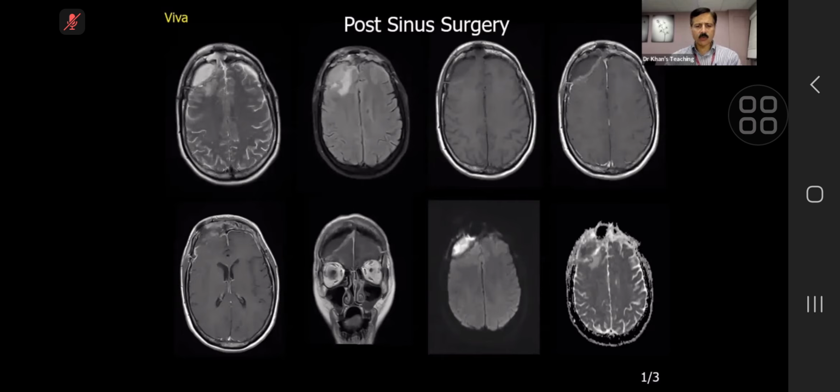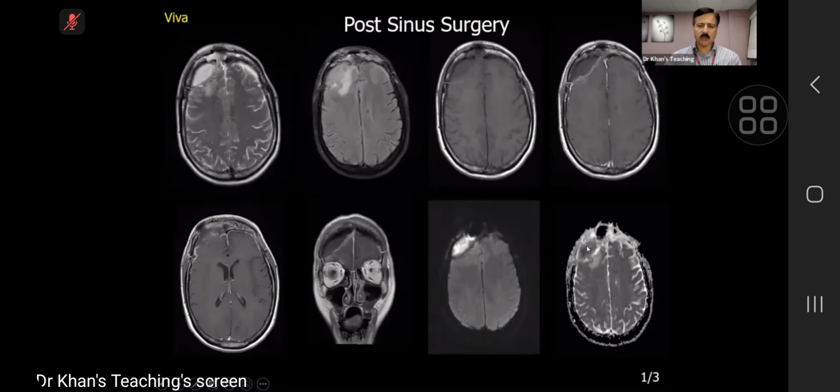Now, in this case, the learning points are that, first of all, I've given you the history, and with that history, you can see there is a fluid containing extraaxial collection here, which shows restricted diffusion, bright on DWI, low on ADC map.